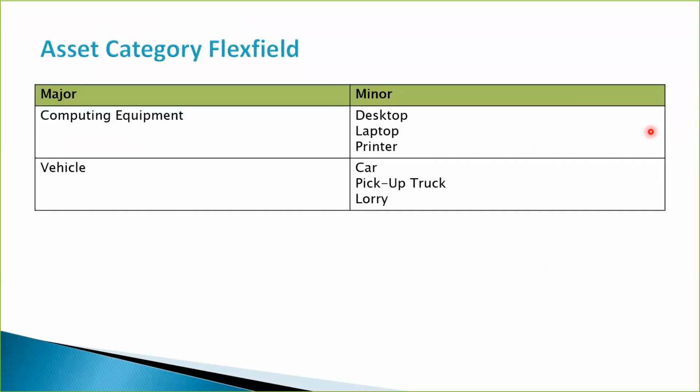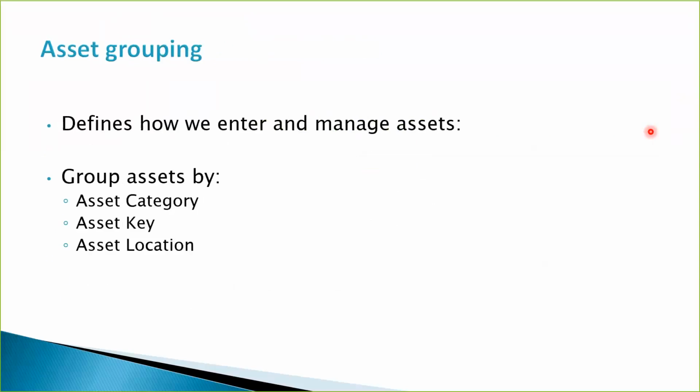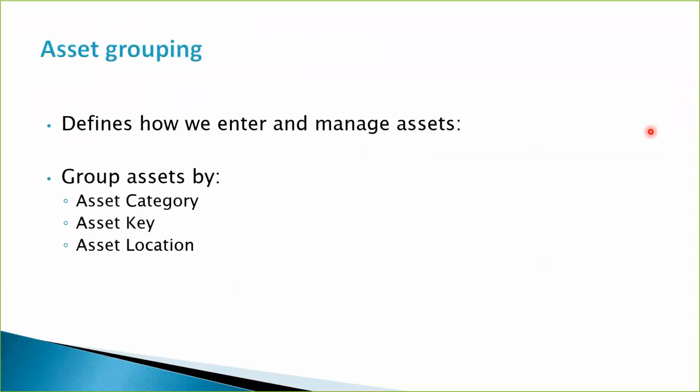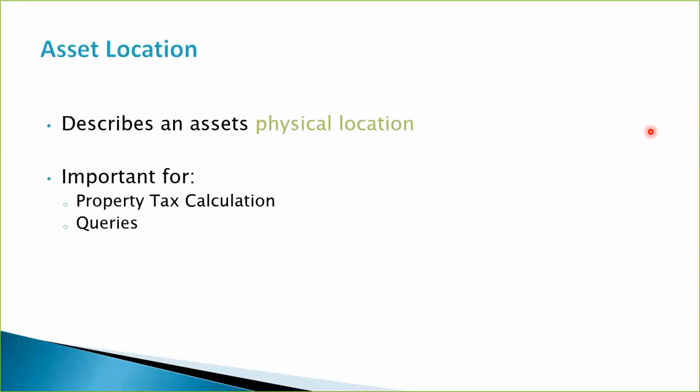So we have looked at the various ways we can group assets, and we have seen how to go about it. The ways we group our assets is by their categories, their asset key, and the location. Category is mandatory, and it is based on financial information. You have asset location, whose importance includes calculation of property taxes.